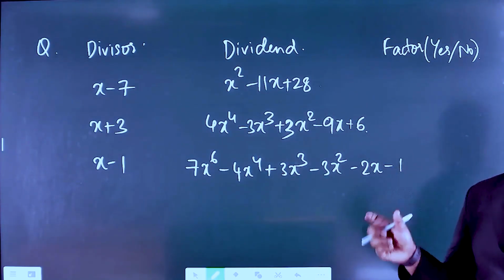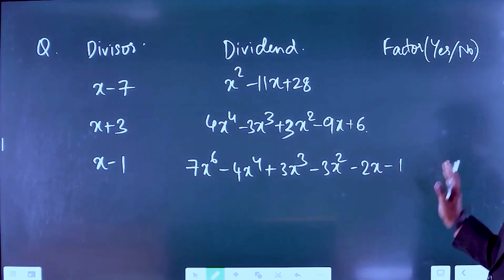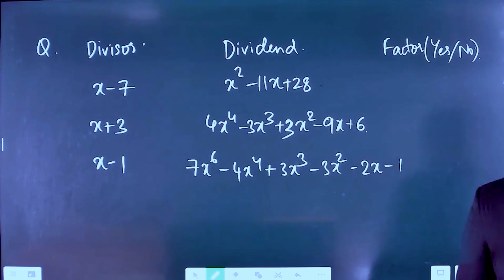If the remainder is coming 0, when you substitute a in the dividend, it is a factor.